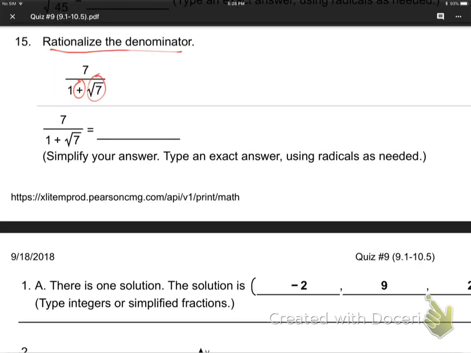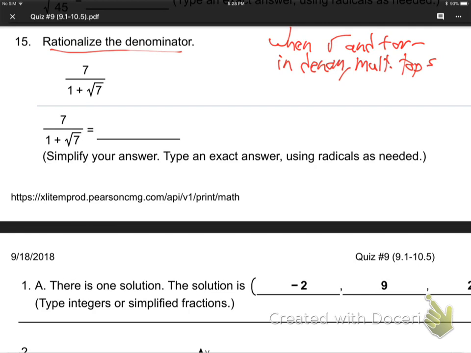So when you have adding, subtracting, let me write a little note here. When square root and plus or minus in denominator, multiply top and bottom by what's called the conjugate.